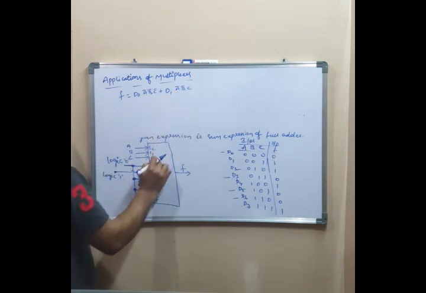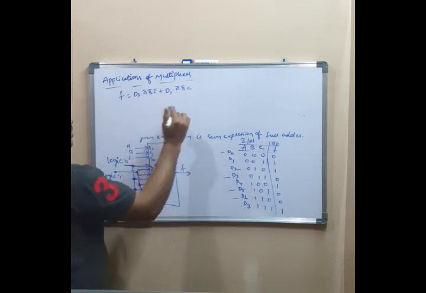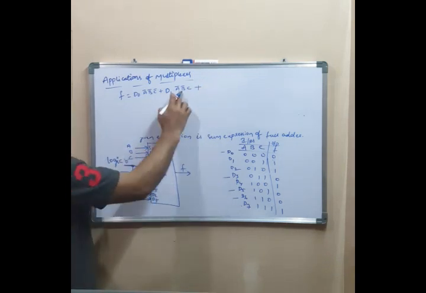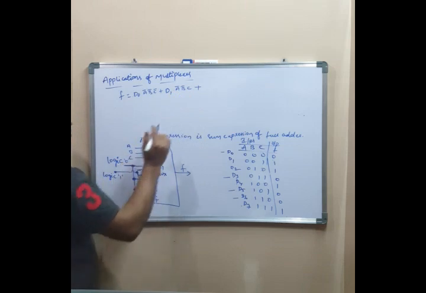In place of C, you can write S0. As these select inputs are treated as ABC, I have considered ABC in this case.